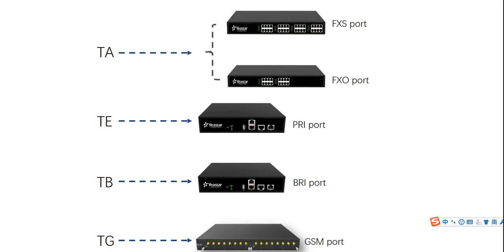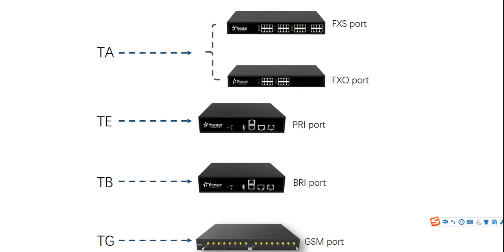So we have, as you can see here, 5 kinds of gateways. The first one is TA, that's our analog gateways that come with FXS ports for analog phones, or FXO ports for your CO lines or analog lines from the service provider. And then we have TE gateways, that is our PRI gateways.